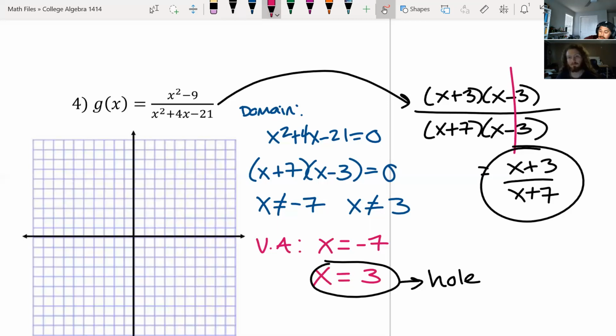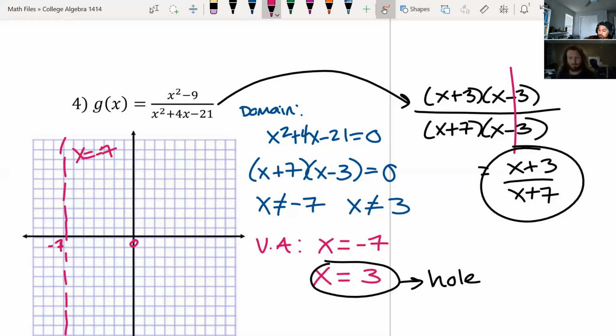Well, we were supposed to graph these, so we're at 7. 0, 1, 2, 3, 4, 5, 6, 7. And then there's that. So this would be x equals -7.